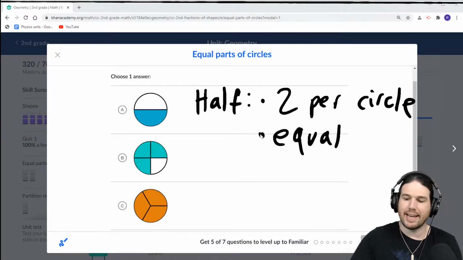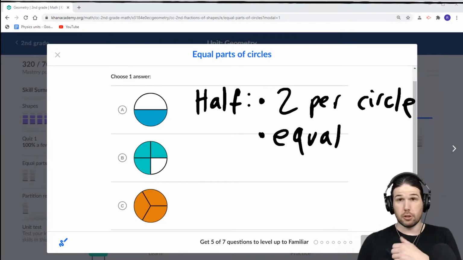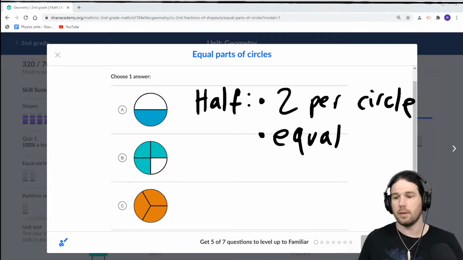When I say it's cut in halves or half, it means that it's 2 per circle and that the 2 halves are equal. Same deal with thirds and fourths and fifths and sixths and sevenths. What that means is all of the pieces are equal, but there are instead 3, 4, 5, 6, 7 of them.